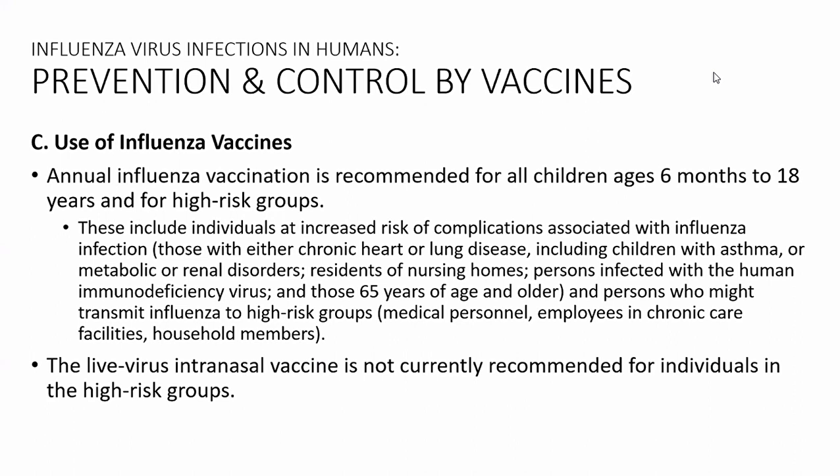When the vaccine strains are grown in eggs, some egg protein antigens are present in the vaccine, which causes the allergy. The live virus intranasal vaccine is not currently recommended for individuals in the high-risk groups because if the individual is immunocompromised, the live virus can cause symptoms.